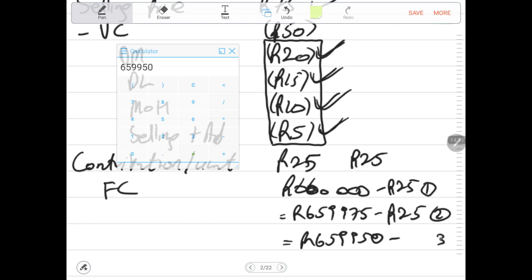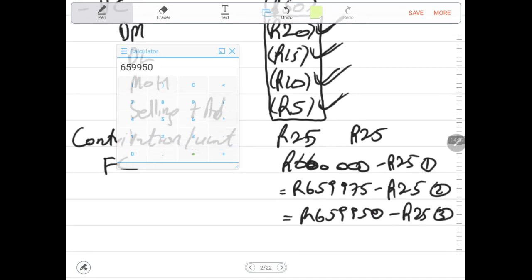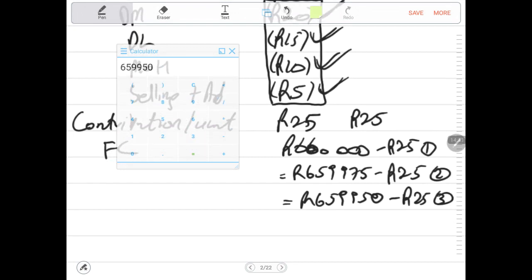Then again we sell a third product. This was the second; we sell a third product, we get another contribution of 25 rand. We do the same thing: minus 25 rand, and we get 659,925. Now this is what contribution means.